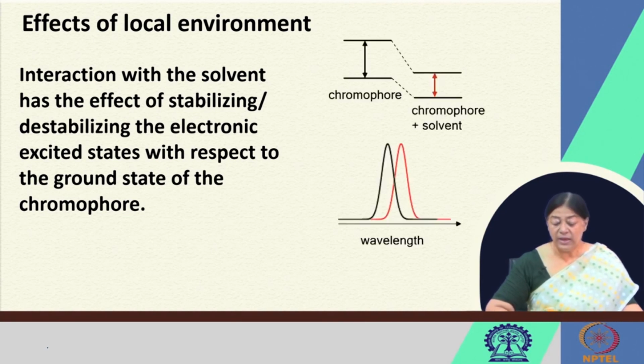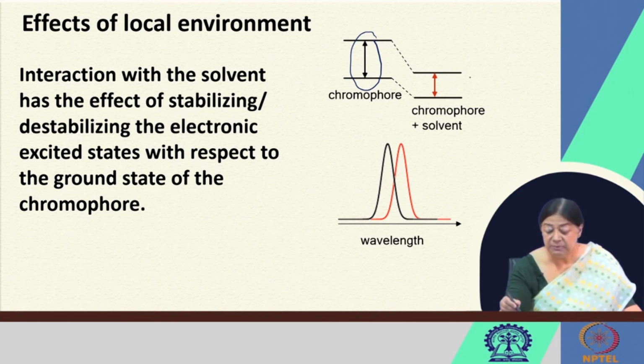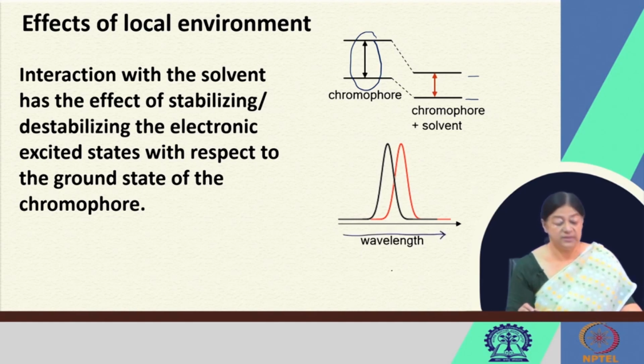Interestingly, when we look at a specific chromophore that has a specific transition shown here, and we have the chromophore and the solvent that are stabilized, meaning they have lower energy difference, what is going to happen is they are going to shift to a longer wavelength. This is referred to as a red shift.